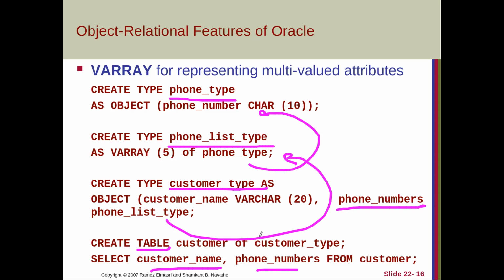So this is the usage of V-array. V-array is an important question that can be asked as a short question for a 5-mark question, the usage of V-array in Oracle. So this point can be added as the additional feature of Oracle or object relational feature of Oracle, other than the previous features which were already discussed. So V-array is one of the major features added to Oracle.